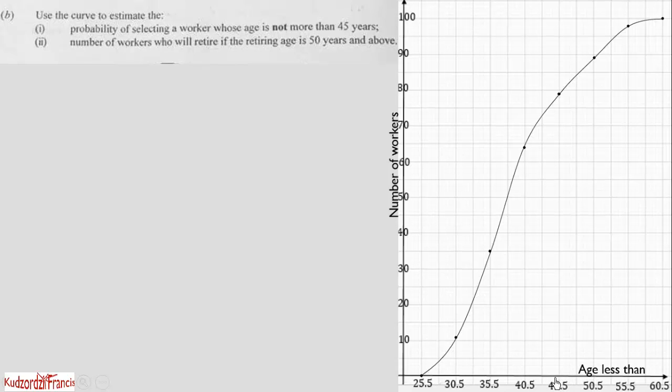If this is 45.5, then 45 will be just right here, up to this point to meet the curve. Then we trace to the number of workers, because we are looking for the probability that a worker whose age is not more than 45 years. So all these people are not more than 45, and they are how many? They are 78. So 78 out of 100.